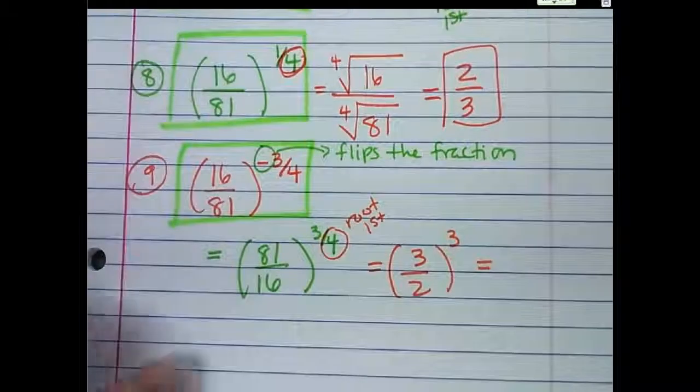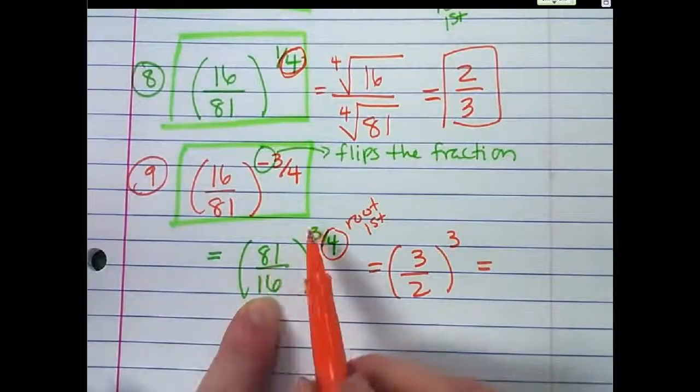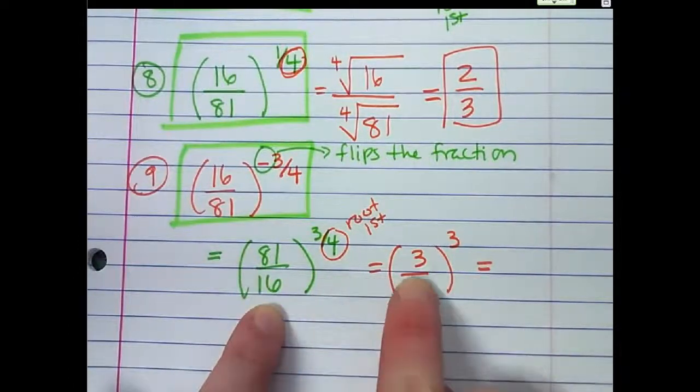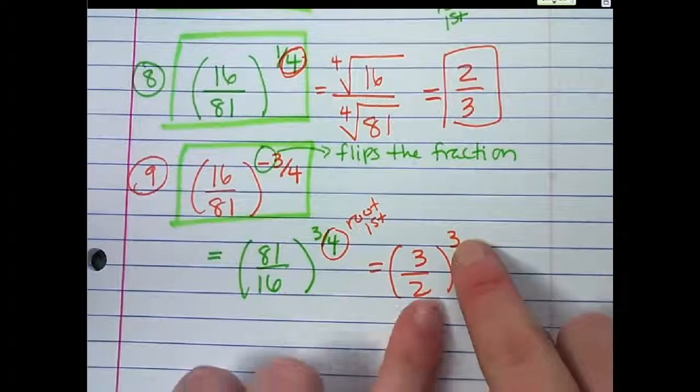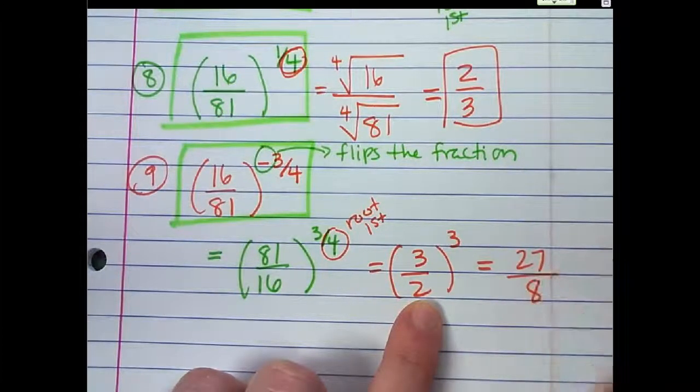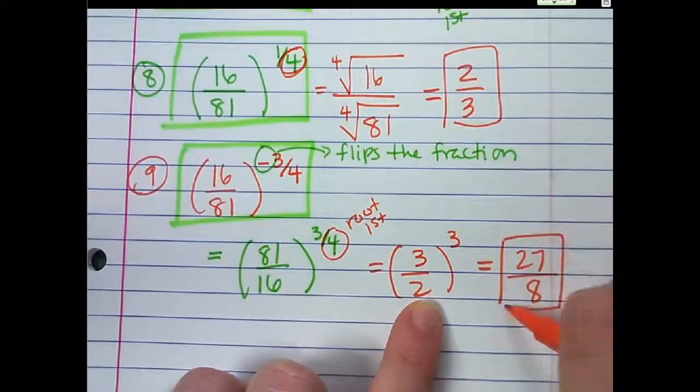Okay, if you flip the fraction because it's negative, hopefully, then this stays positive 3/4. I did the 4 first. I did the 4th root of 81 over 16, which is 3 over 2. And then I cube both of them. So 27 over 8. Did I lose anyone on that one?